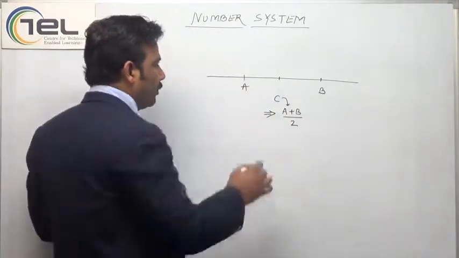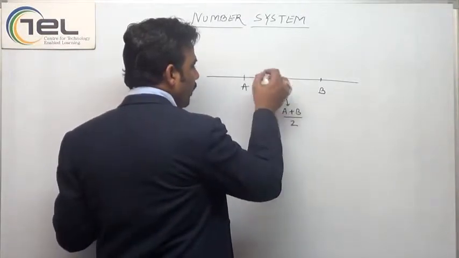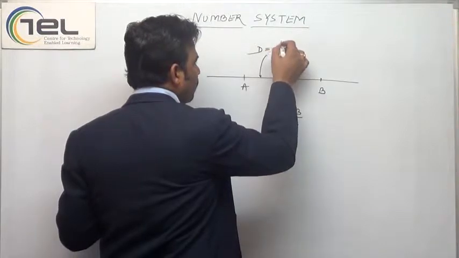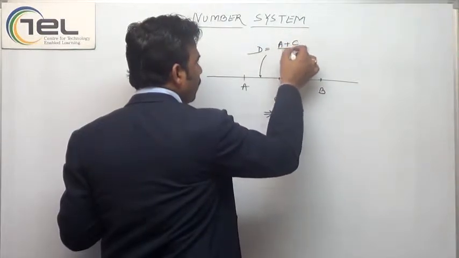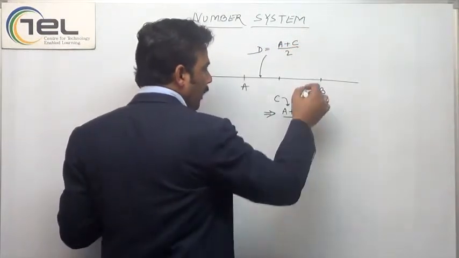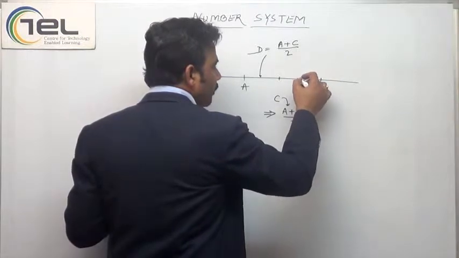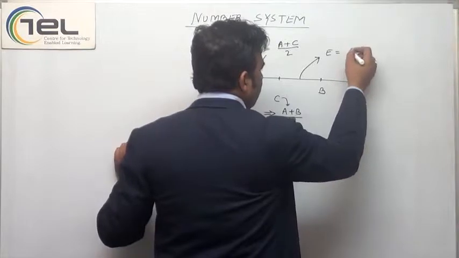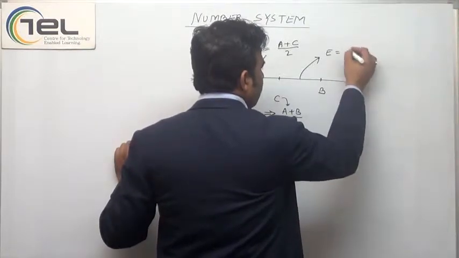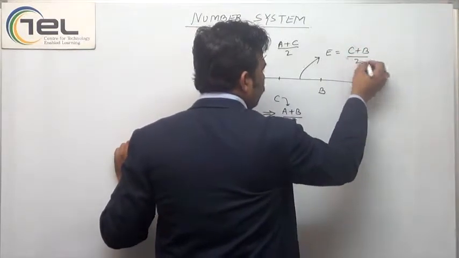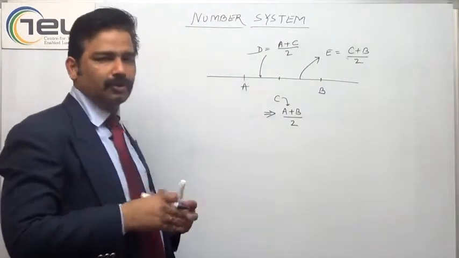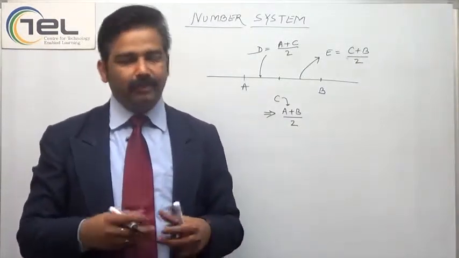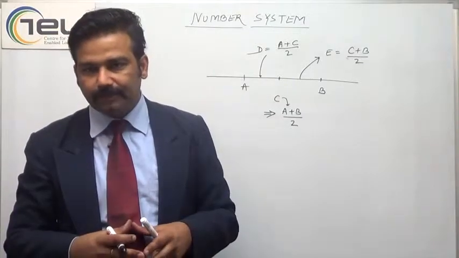Similarly, a rational number between A and C will be D, and it can be represented by A plus C by 2. And another rational number, E, which is represented by C plus B by 2, and so on and so on. We can have as many rational numbers as we need, we can find that type of rational numbers.